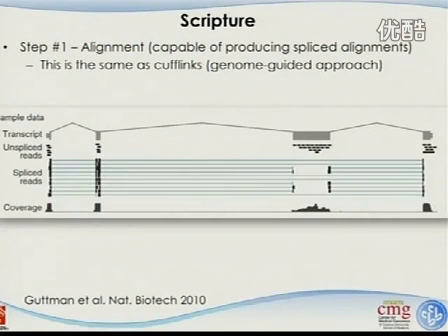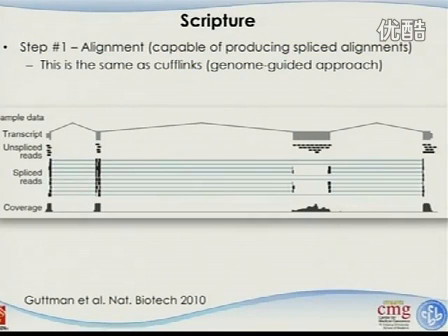And the second tool that I'm going to give is called Scripture, and this is kind of interesting. They published in the same issue of Nature Biotechnology with Cufflinks, just a back-to-back paper. Cufflinks was developed at Caltech, and this Scripture is from MIT.